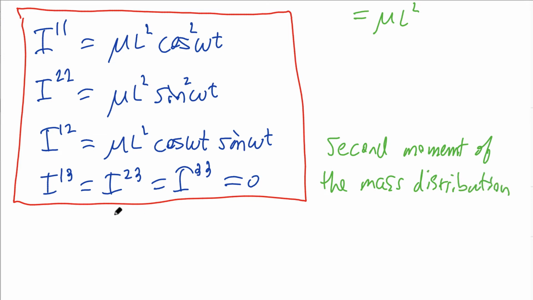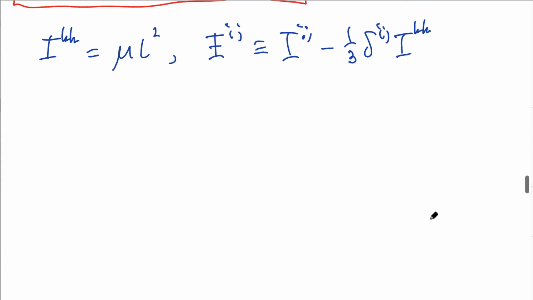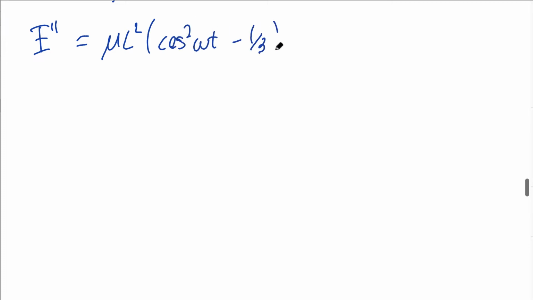We obtain the reduced quadrupole moment by removing the trace. So the trace of I_KK is I11 plus I22 plus I33. That's just equal to mu L squared. And the reduced quadrupole moment, I bar, is defined by I minus 1/3 delta ij times the trace. So for our binary star system, I bar 11 equals mu L squared times cosine squared of omega t minus 1/3.